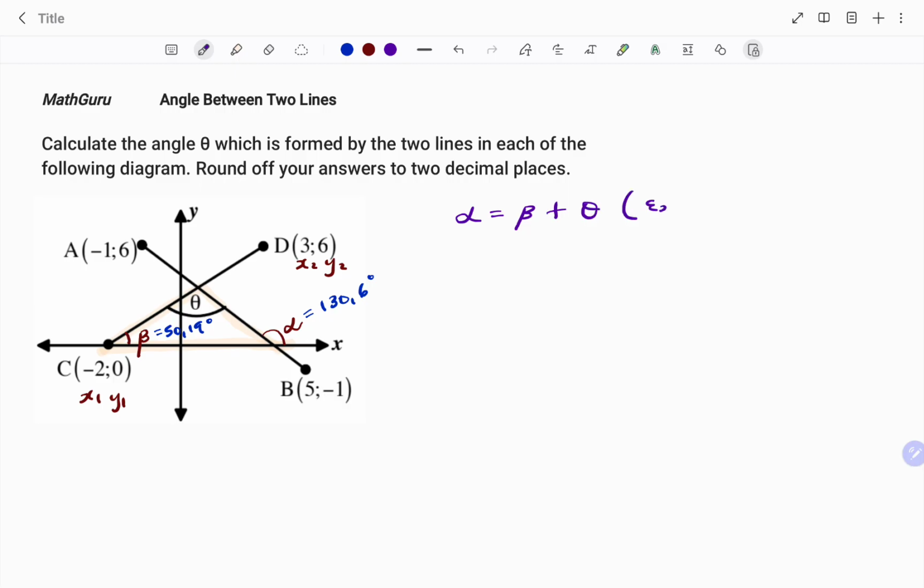And the reason being the external angle of a triangle. Making theta the subject of the formula, I have theta equal to alpha minus beta, which is equal to my alpha, 130.6 degrees, minus beta, 50.19 degrees.